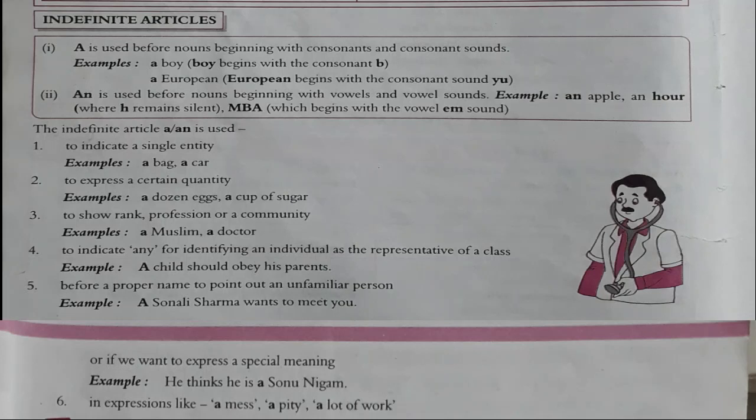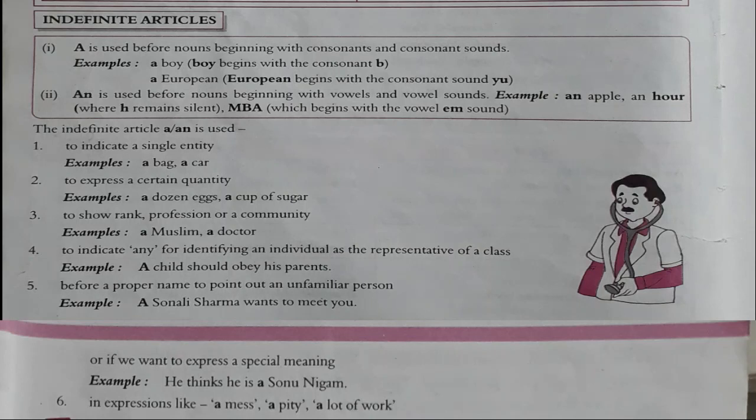You can't say 'A Sonu Nigam met me yesterday' if you're talking about the actual Sonu Nigam. No. He thinks he is a Sonu Nigam. He thinks he is a Lata Mangeshkar.